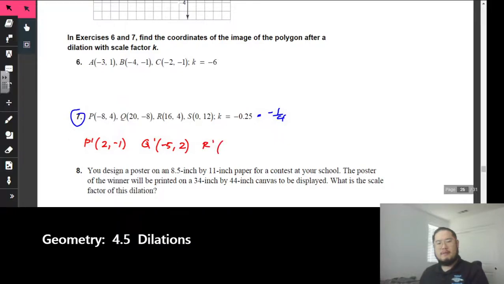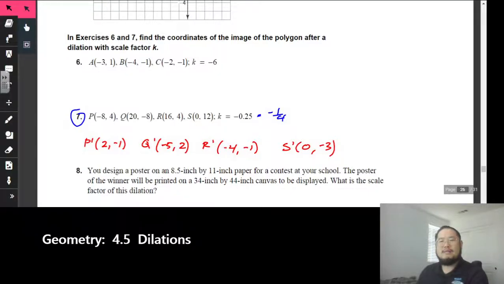R prime, 16 times negative 1/4, that is negative 4. 4 times negative 1/4 is negative 1. And then we have S prime. We've got 0 times negative 1/4, that's going to be 0. And 12 times negative 1/4, negative 3. And there we have our points.